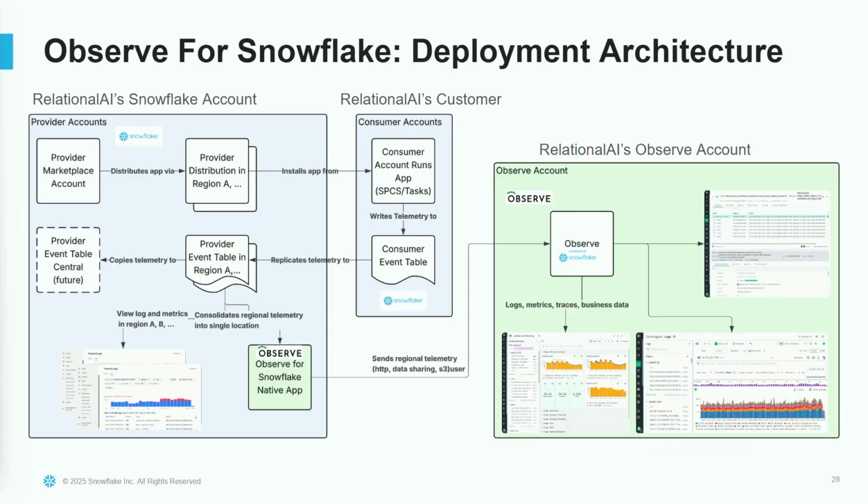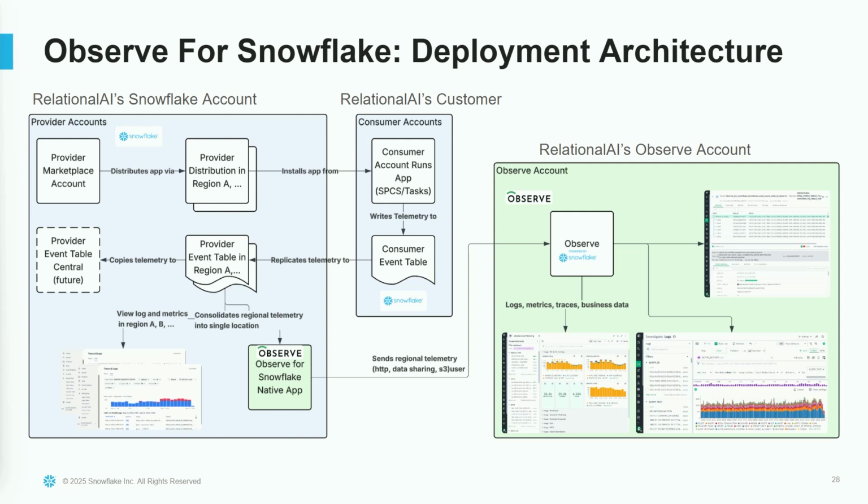So at the end, this is a summary of what we just described of our deployment architecture. In the middle is the RelationalAI customer who's running their software in Snowpark Container Service, and those telemetry data are being sent to the customer's event table, and Snowflake figured out already how to share those consumer event tables back to RelationalAI.